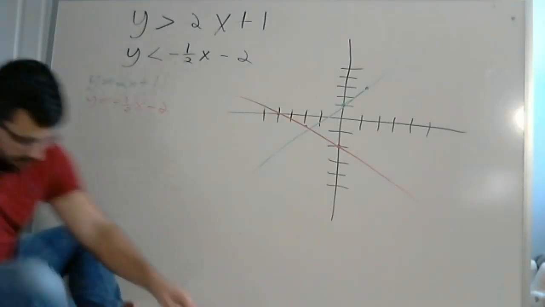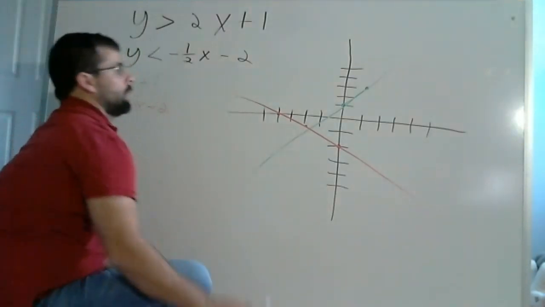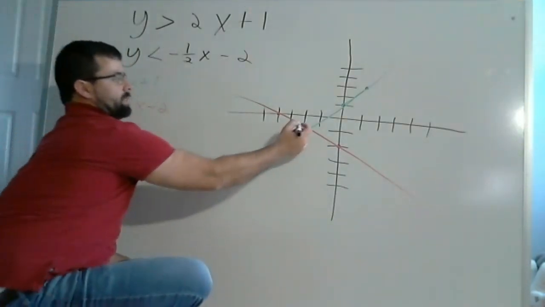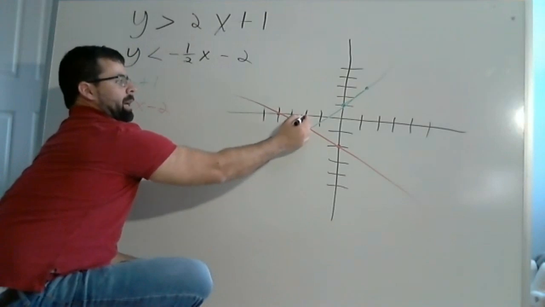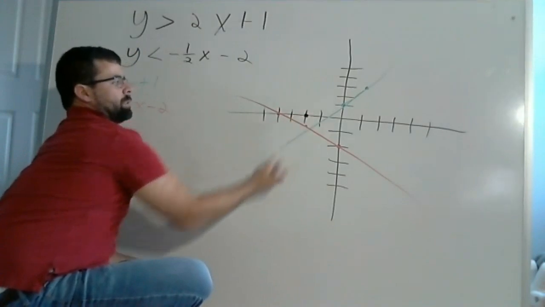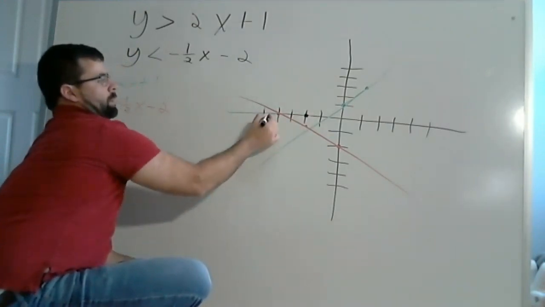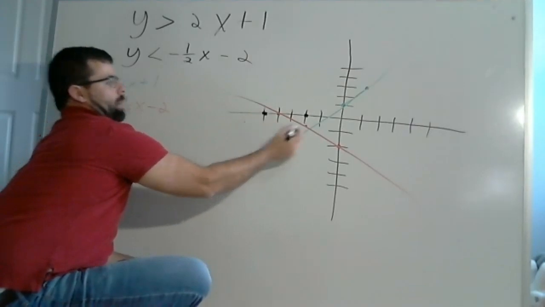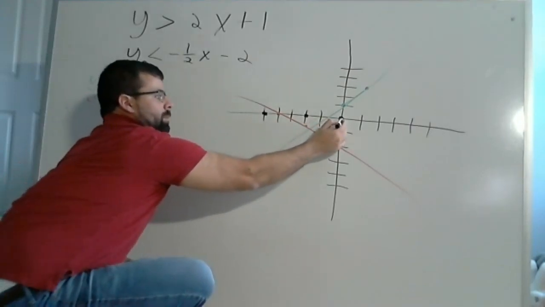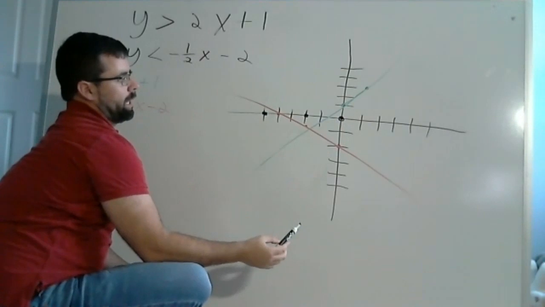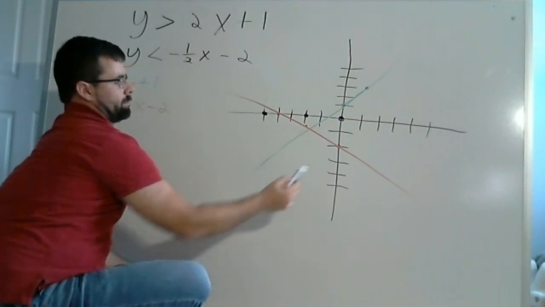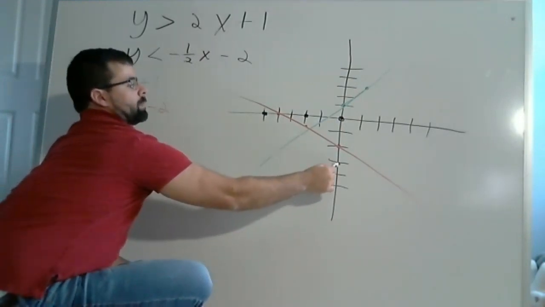The points that I would suggest, again, it doesn't matter, you just have to check 1 in each region. Let's check that one, that one, that one, and I don't know, this one.